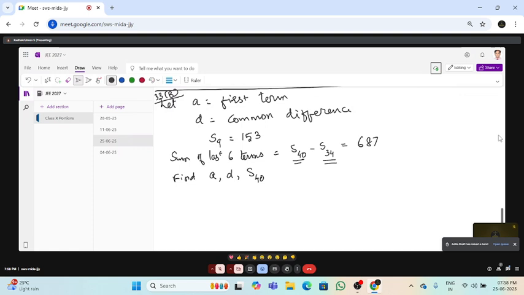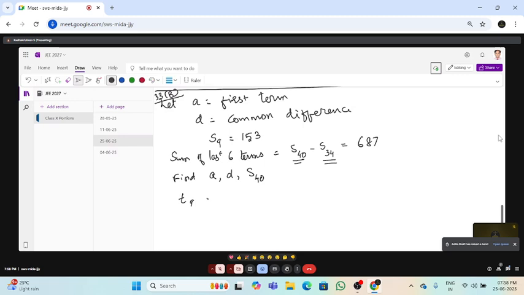Okay. So let me say how to do it. What is S9? S9 will be, we have to find out T9 first, right? So the first 9 terms. First of all, find out T9.